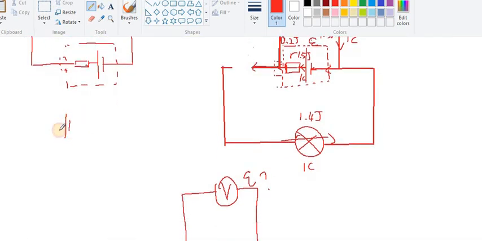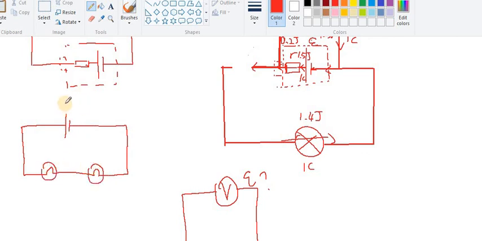In the previous topic, we learned that, let's say we have two bulbs here. Let's say this power source, this dry cell, is 3 volt. If this resistance is 1 ohm and this is 2 ohm, what will be the potential difference in the first bulb and the second bulb?